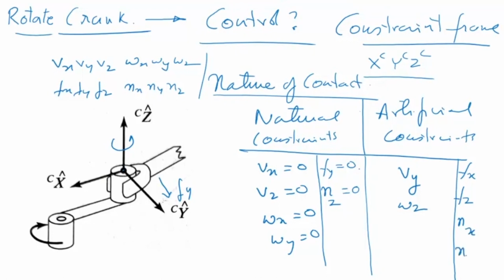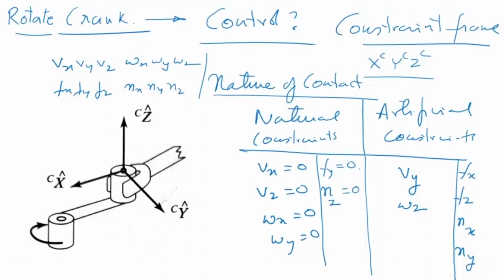Similarly, ny is coming there. These are artificial constraints. So the only natural constraint in terms of moment is nz, because the moment it tries to apply a moment like this, the handle will rotate, so it can't. There is no opposite and equal reaction. Whereas in the other two cases, x and y, it can do that. So these two become artificial constraints.